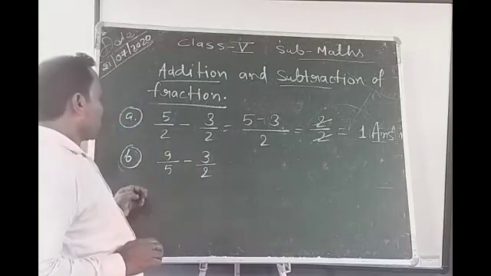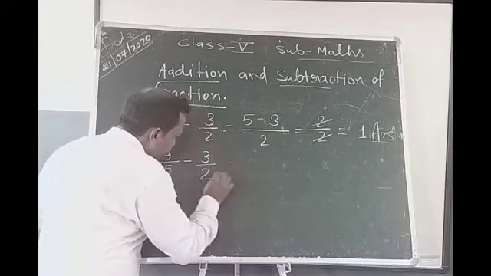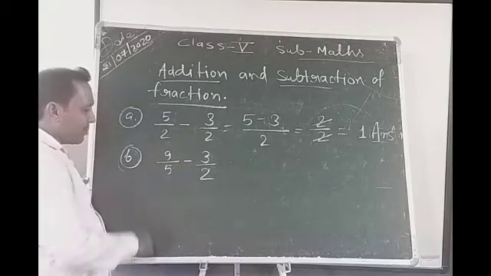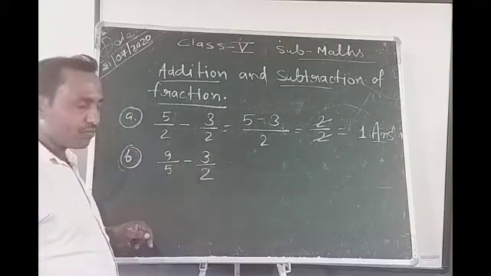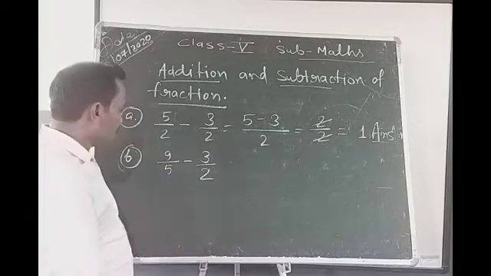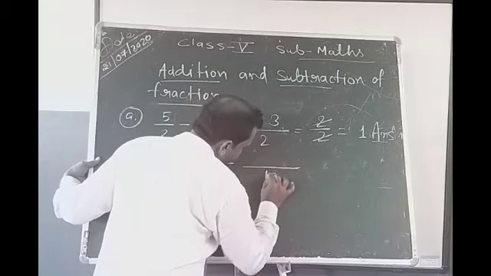First you see here that both denominators are different numbers. It means it is an unlike fraction. First you take the LCM of the numbers 5 and 2. When you take the LCM of 5 and 2, what is coming? 10. So first give an equal sign and write 10 below.